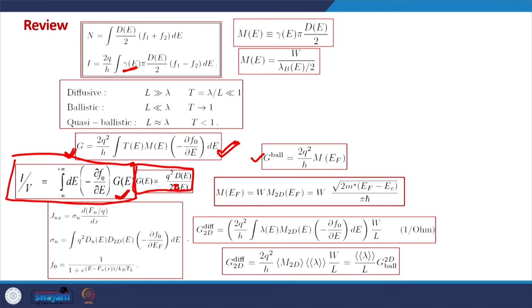For example, in this expression if we remove lambda E, then this will be the ballistic conductance at room temperature. This is the room temperature situation. This is at T equal to 0 Kelvin.